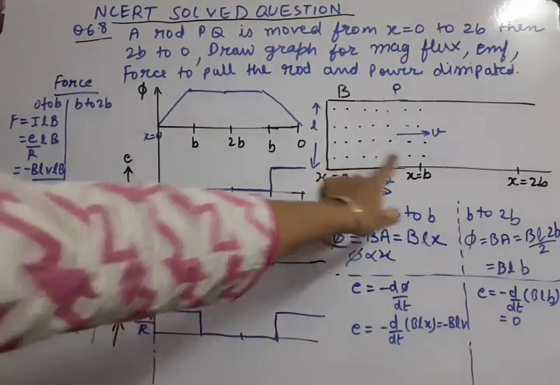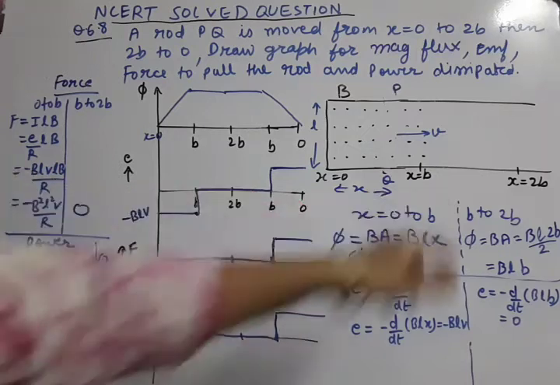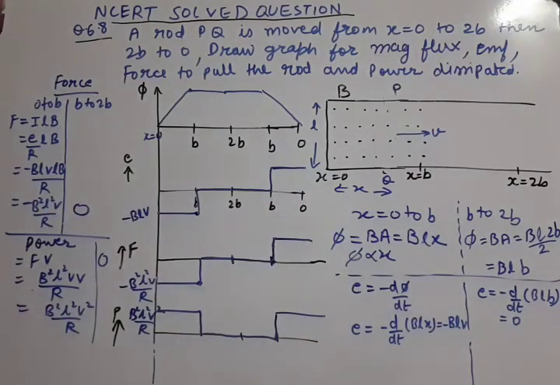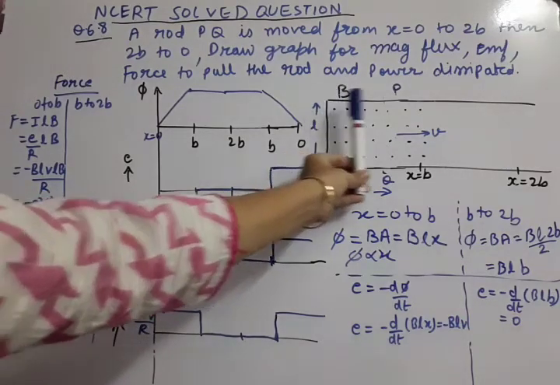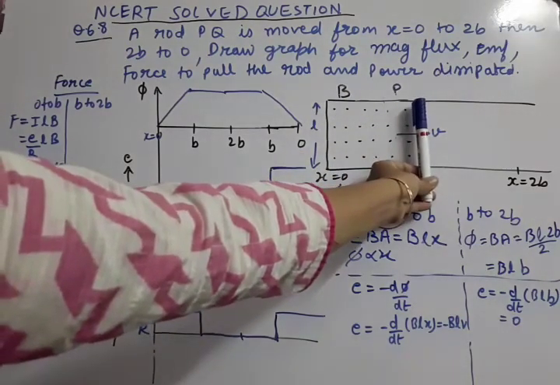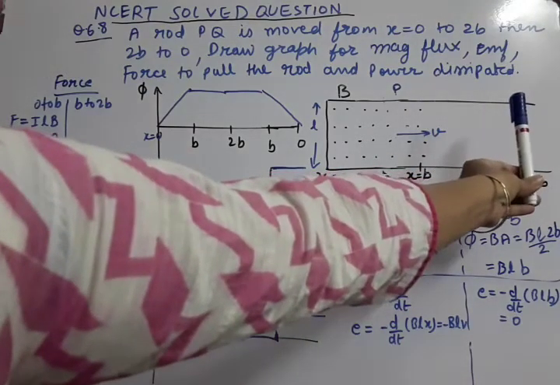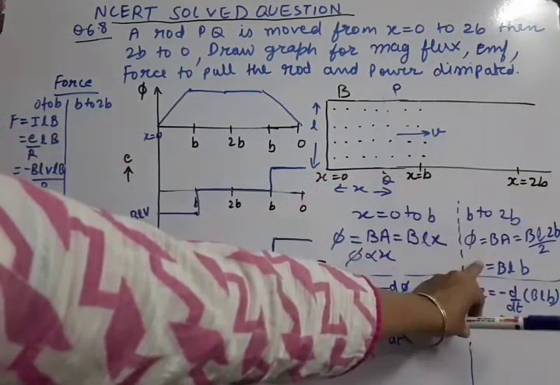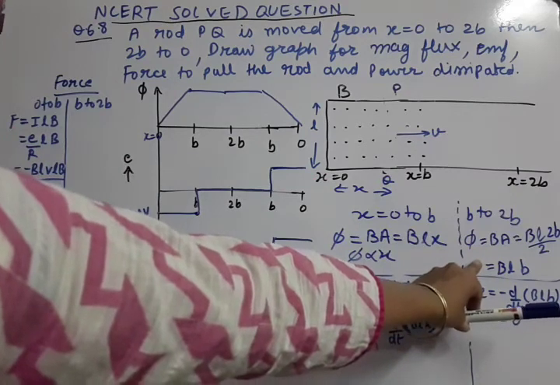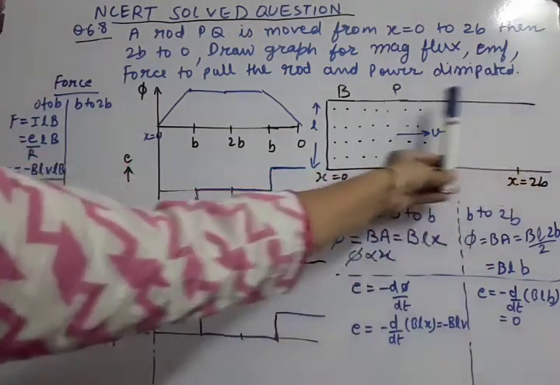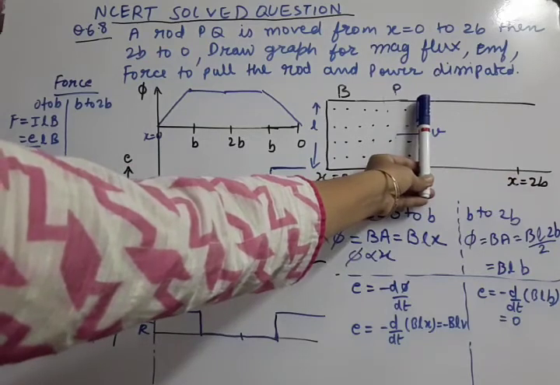Here for this case, when the rod is moved, the question is when initially the rod is moved from 0 to B, flux increases. So BLX. Then from B to 2B, when the rod is moved, flux doesn't increase, it is constant. So BLB. Then from 2B to B again, we have to bring the rod.